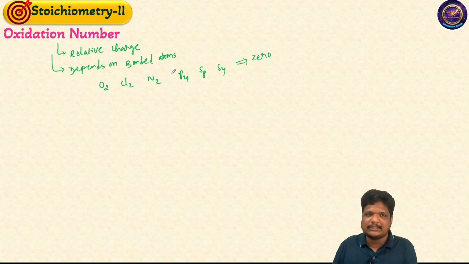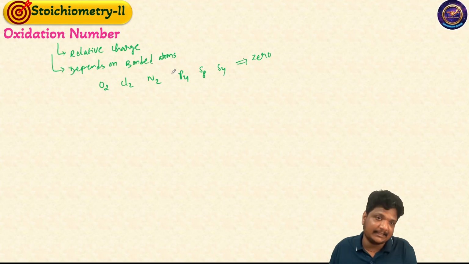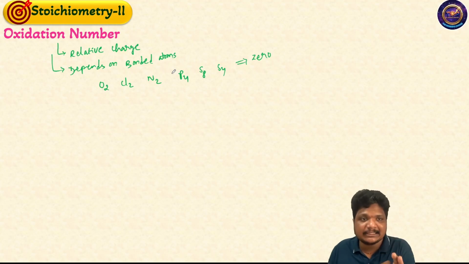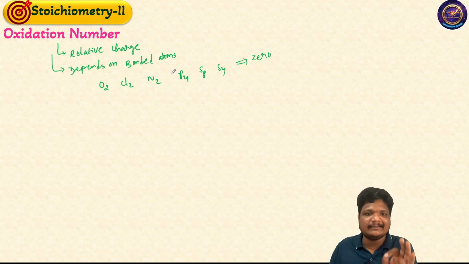So oxidation number is simply a real or imaginary charge on the bonded atom, in the bonded state. That number indicates either loss or gain of electrons by that atom.